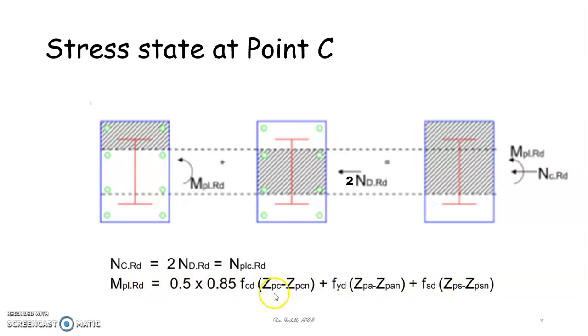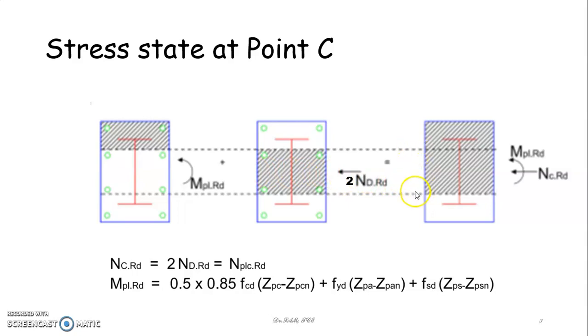This expression says that you have to calculate the plastic section modulus of the concrete portion of the whole cross section, minus the same concrete which is in the core region, that is this region. The concrete section modulus has to be calculated as a whole from the gross cross section, that is Z_pc. Z_pcn is the amount of concrete which is present within the distance, say this distance is 2h_n, from the CG of the cross section, where the neutral axis is available here.